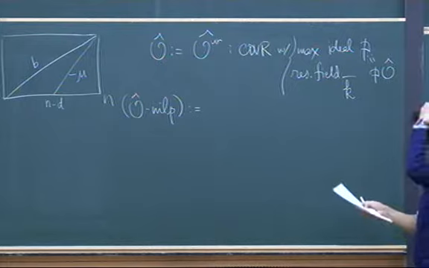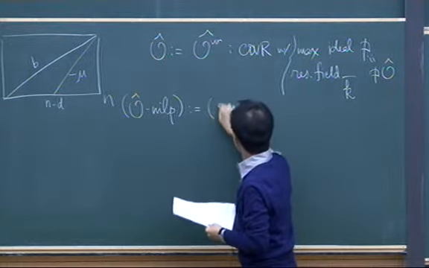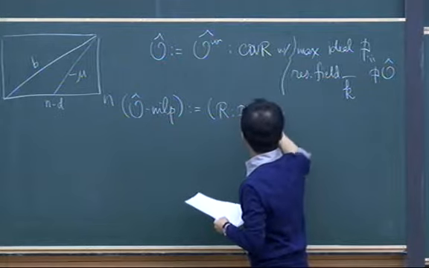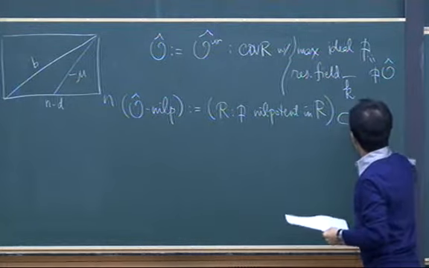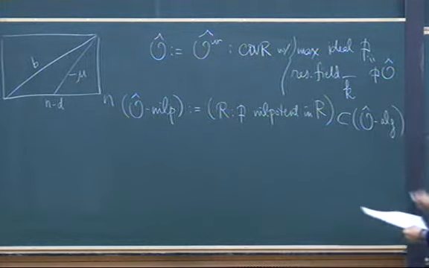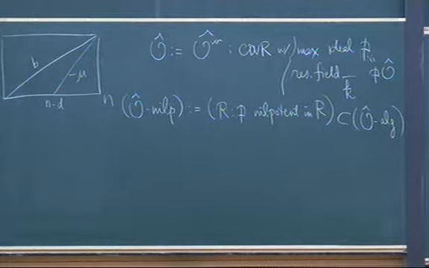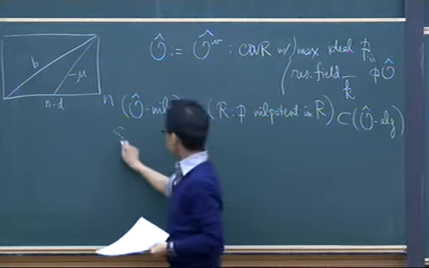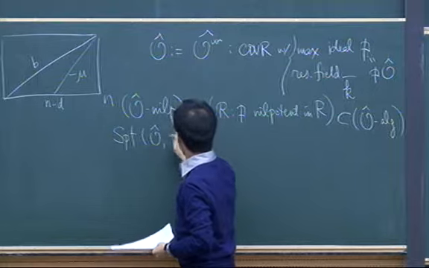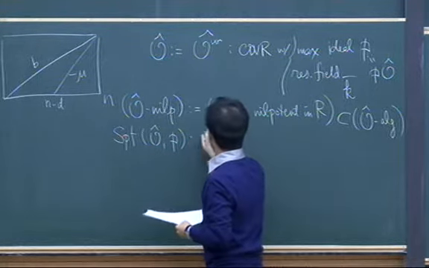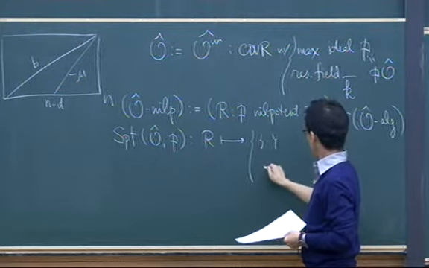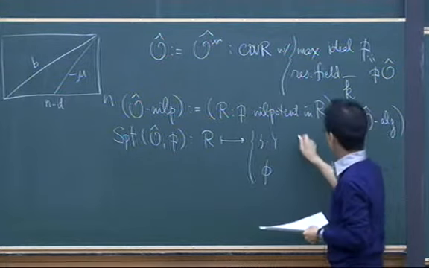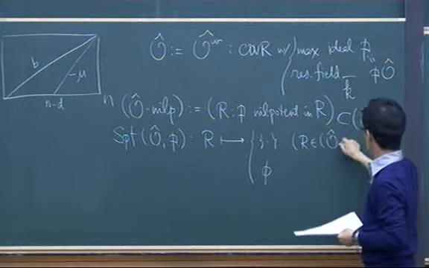I'll use the notation O nilp for the O hat algebras in which P is nilpotent, so that Spf of O hat sends R to a singleton or the empty set according to whether R is in O nilp or not.